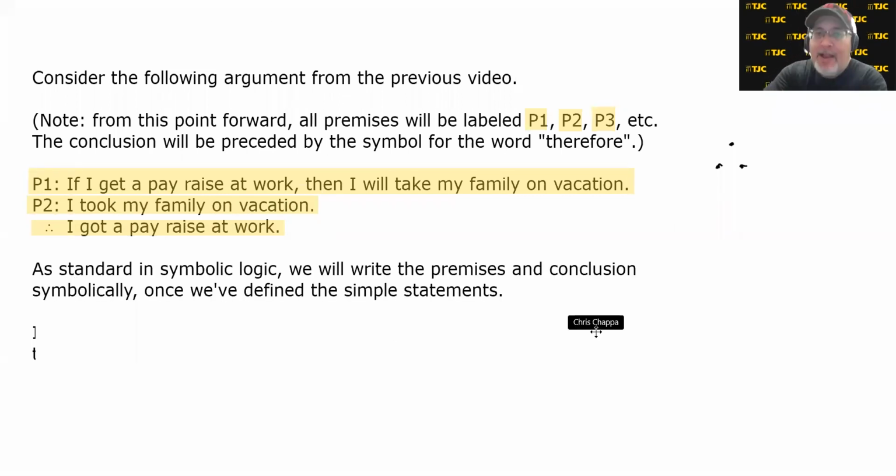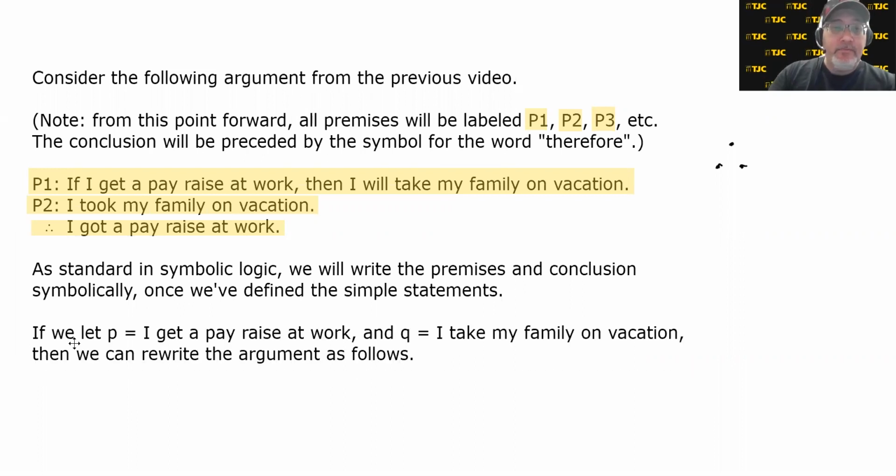As standard in symbolic logic, we will write the premises and conclusions symbolically once we've defined the simple statements. If we let P be the simple statement, I get a pay raise at work, and Q be the simple statement, I take my family on vacation, then we can rewrite this argument as follows.